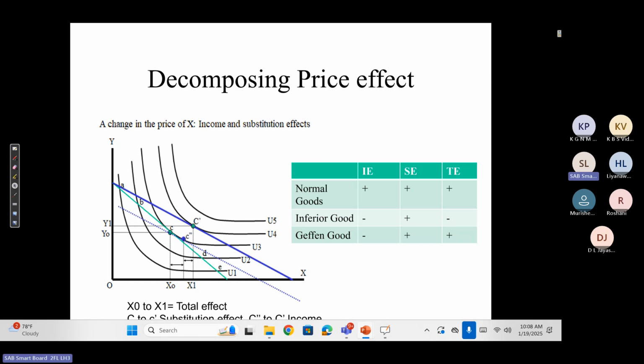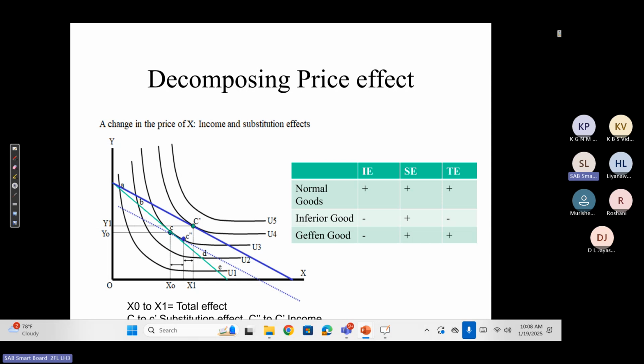If there is a decline in the price of the product X, this budget line rotates to the right from the x-axis. That is explained by the blue line. So the budget line rotates, and as a result we move to the new combination.